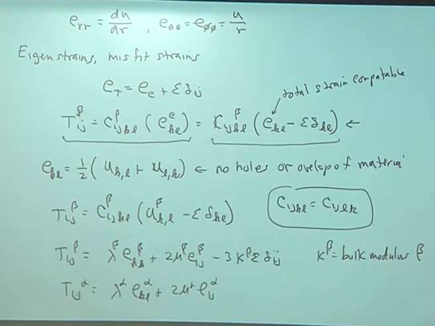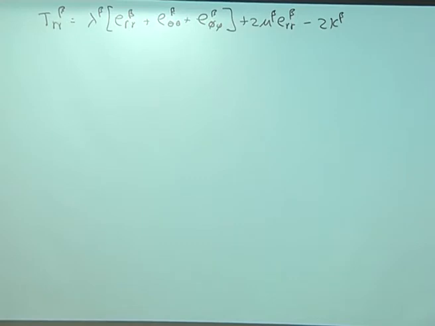Okay, so let's write this in spherical coordinates. So you have TRR. It's going to be equal to lambda plus 2 mu epsilon.